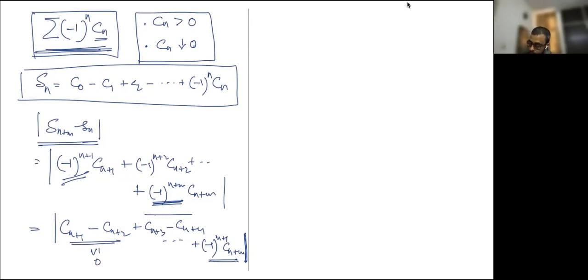If a single term comes, because the first term has a positive sign in each group, if the second term is missing at the end because of the parity of m, then it would come with a positive sign. So the entire quantity inside the modulus sign is going to be non-negative, which means you can get rid of the modulus sign.